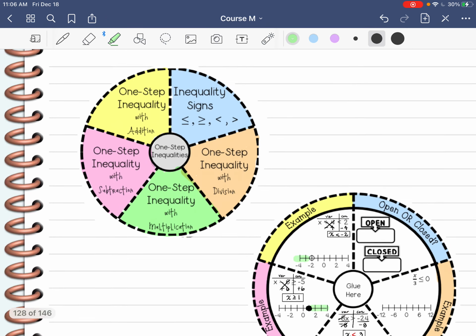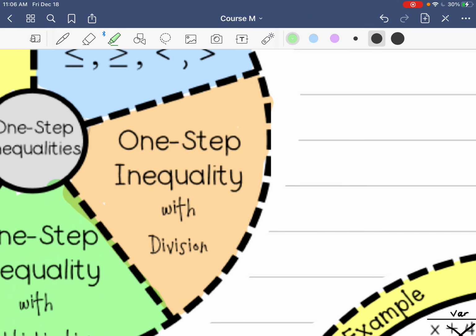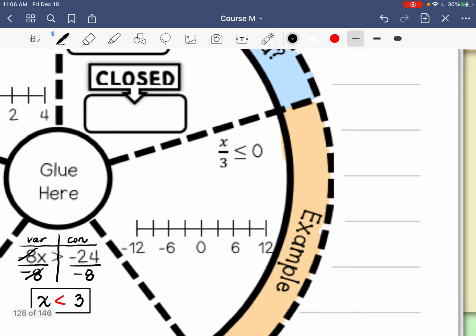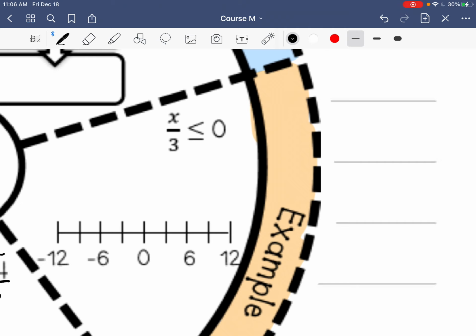Okay, the next section is this orange section. This is one step with division. And I'll start with the example right here. First thing I'm going to do is put a ghost 1 right there and draw the power t. They didn't give me much room on this one. So here's variable and here's constant. And we need to get rid of the 1/3. So we're going to multiply by 3 over 1.